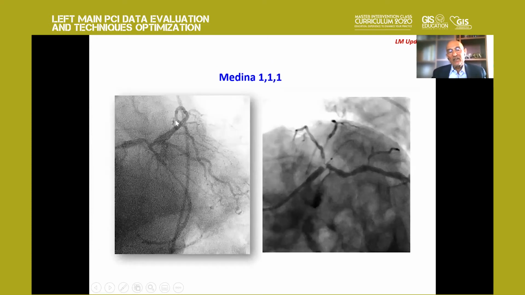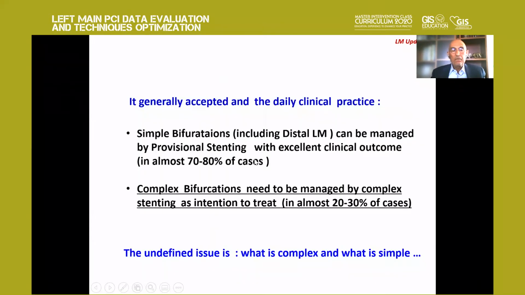Same also in this case: you see very complex anatomy here, and here simple anatomy, which might be treated with simple stenting also, and both are defined as Medina 111. So 111 doesn't mean every time that you should go for complex stenting.